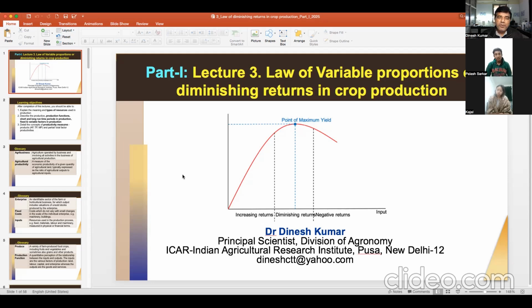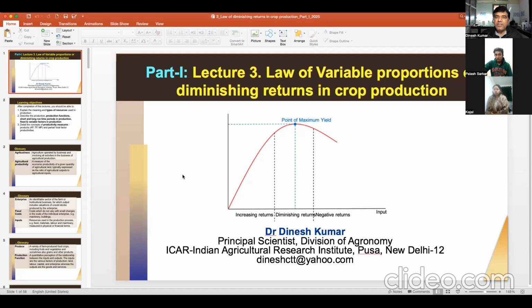But if you want to make a distinction, if you want to make a difference in these two laws, then we can make. Law of diminishing return is only the third phase of the law of variable proportion. In law of variable proportion, you will have all the 3 phases. For example, first it will be increasing return, then decreasing return, and then negative return.